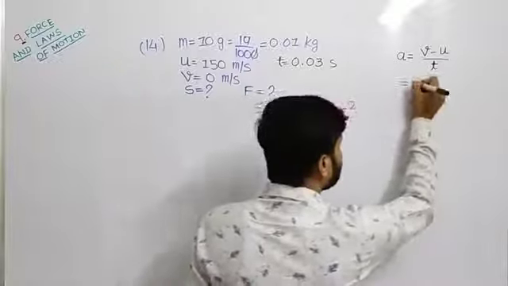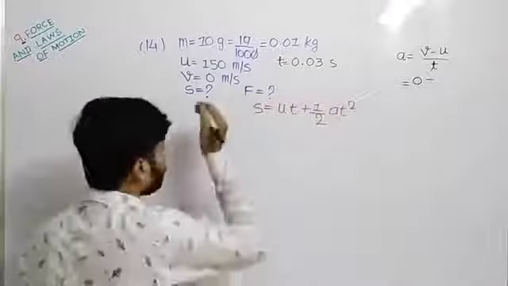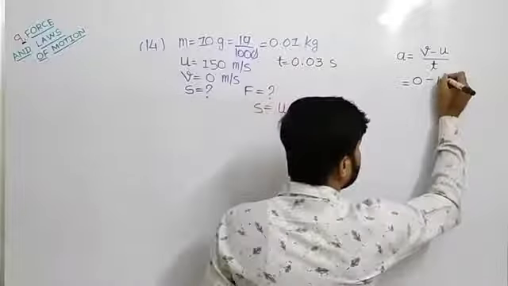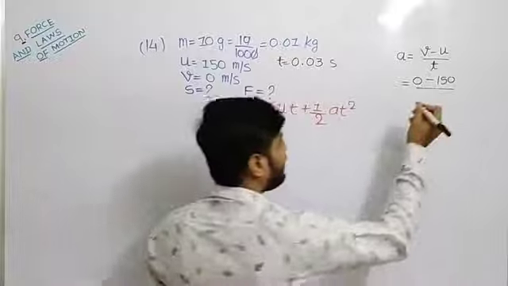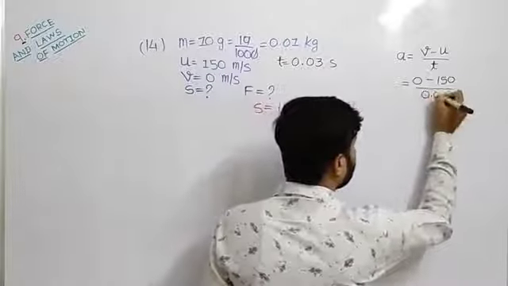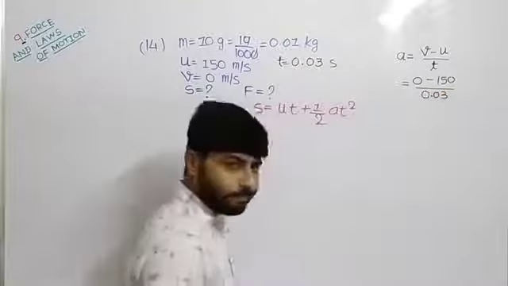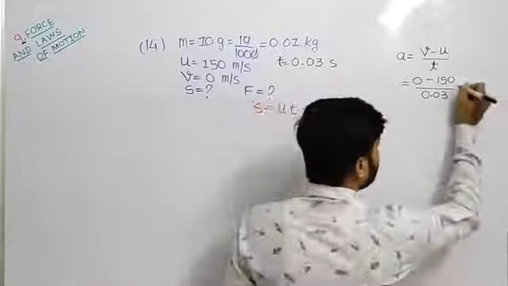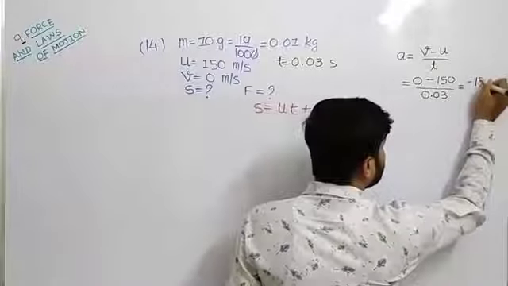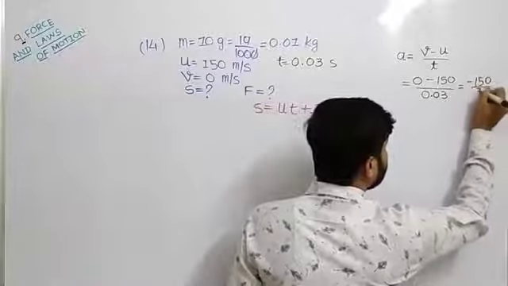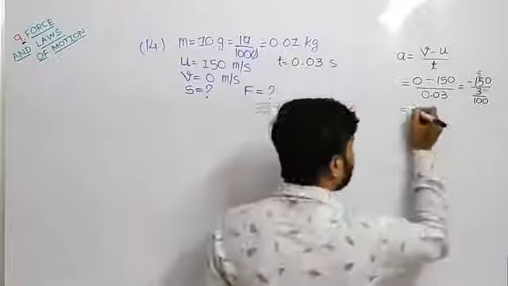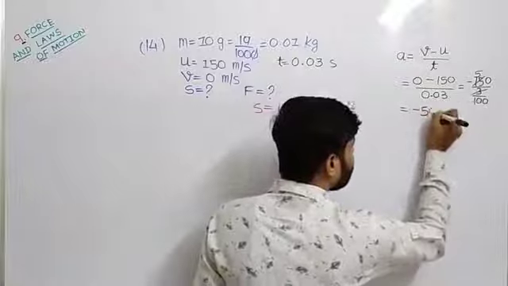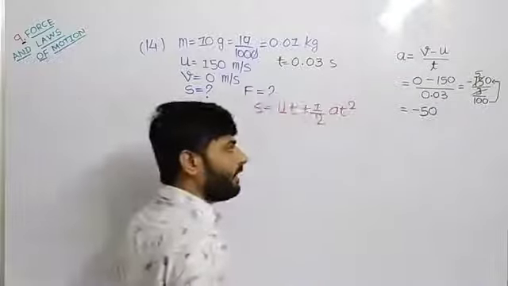V is 0 meter per second minus u is 150 meter per second, divide t is 0.03. So I have minus 150 divide 3 by 100. So I have minus 50 numerator.